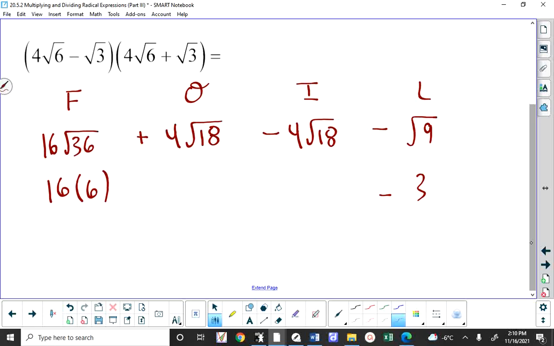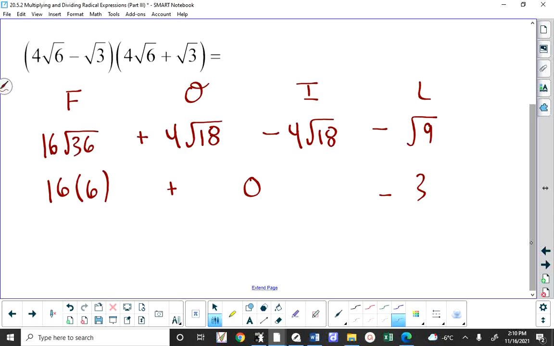And this is 0. And I hope you start to see why your outer and inner is always going to be 0 when you have conjugates. Because your outer will be A times, say, negative B, and your inner will be A times positive B, so you'll get opposite things.